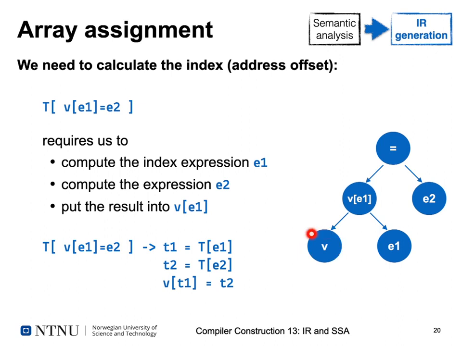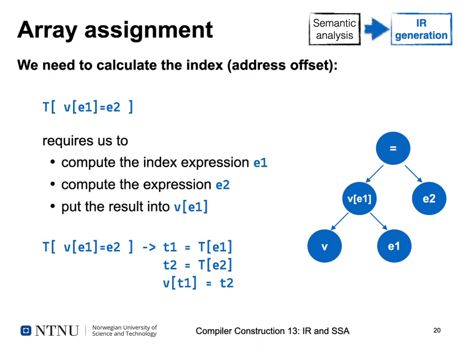So we have a name here on the left hand side, and then we can have an expression here calculating an index number for our array. So we need to evaluate two expressions. First, the index expression to know in which element of v, so at which offset of our memory address of v, we need to store the result. And of course, we need to calculate the result e2 here, and finally do a copy operation.